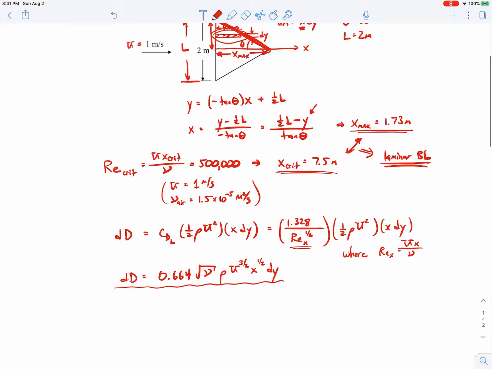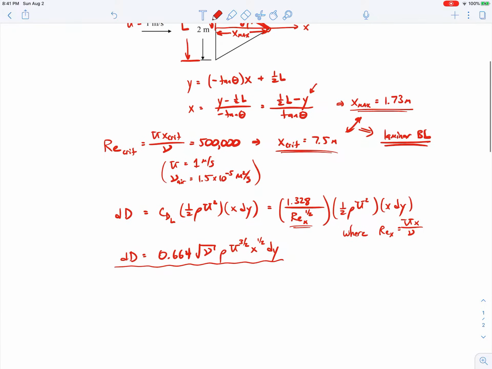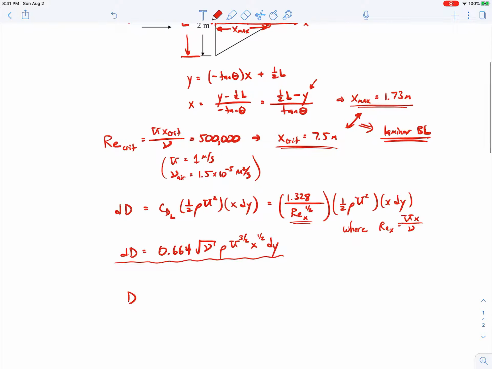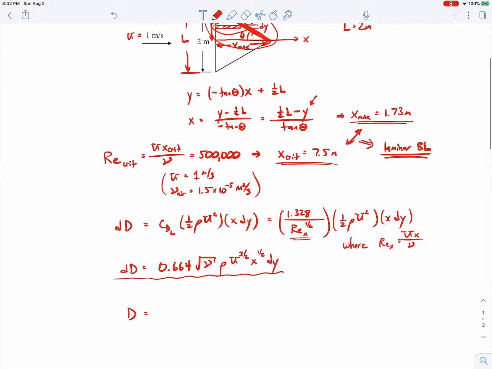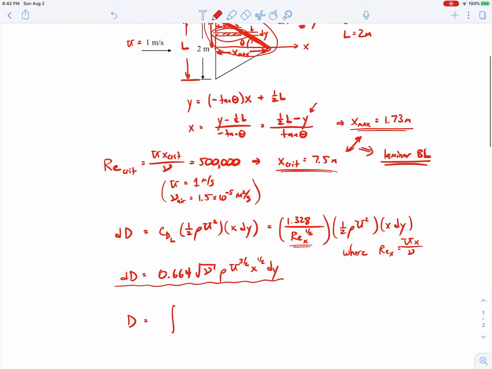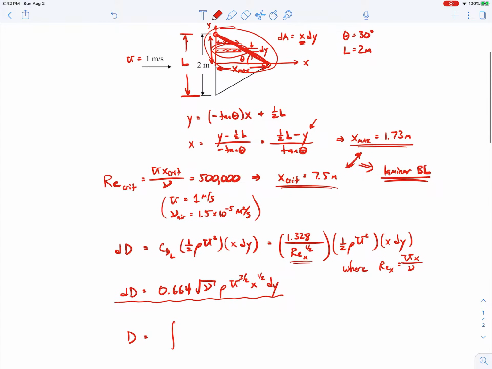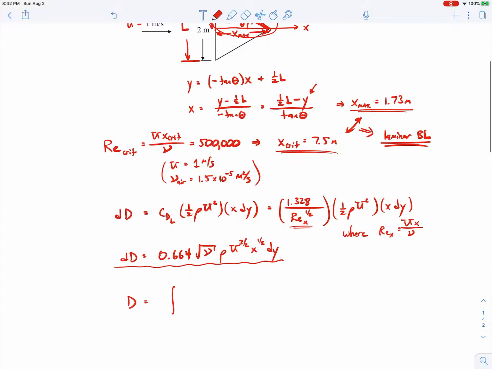So now I know that I have actually a bunch of rectangular strips. So to find the total drag on just this upper triangle up here, I'll integrate as y goes from 0 to 1/2 L. And then I'll integrate all those little bits of drag force.